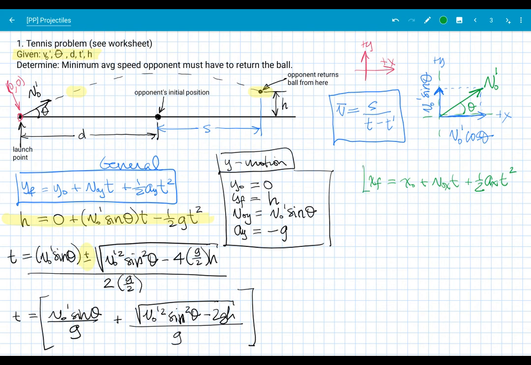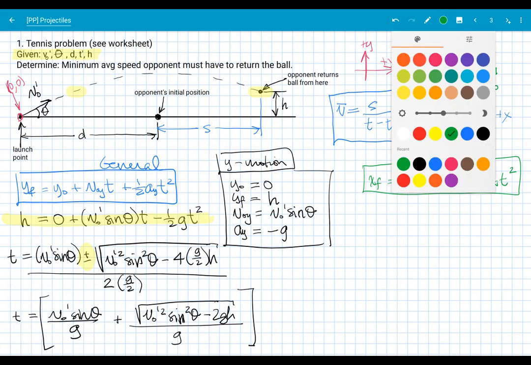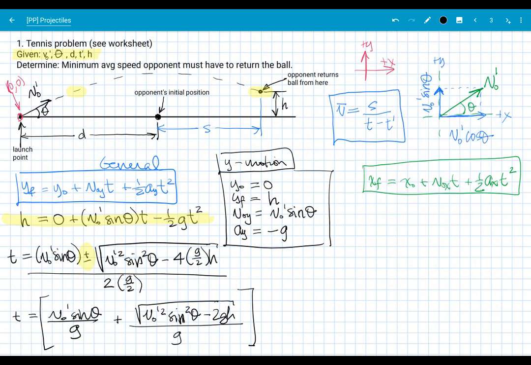This is my general equation. Now I'm going to apply my particular x information to that. And what do I know about the x motion? Let's figure that out right here.